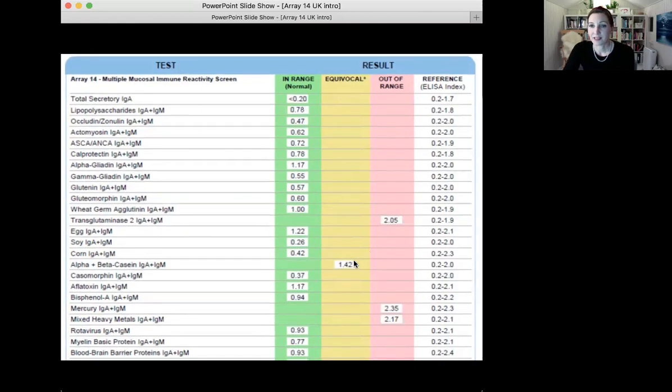Here we have something that is much more pronounced, looking at transglutaminase 2, alpha and beta casein, and we also have some chemical immune reactivity here. So we've got chemical loss of tolerance, some early activation of food reactivity, and some gut damage there.